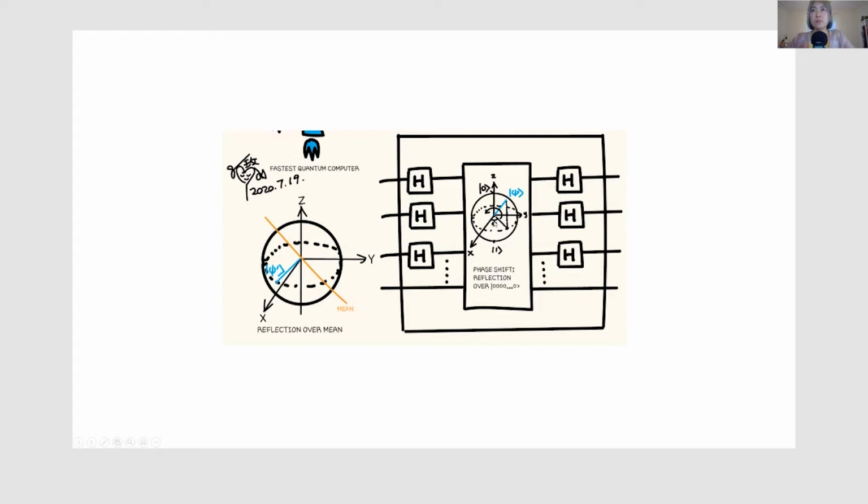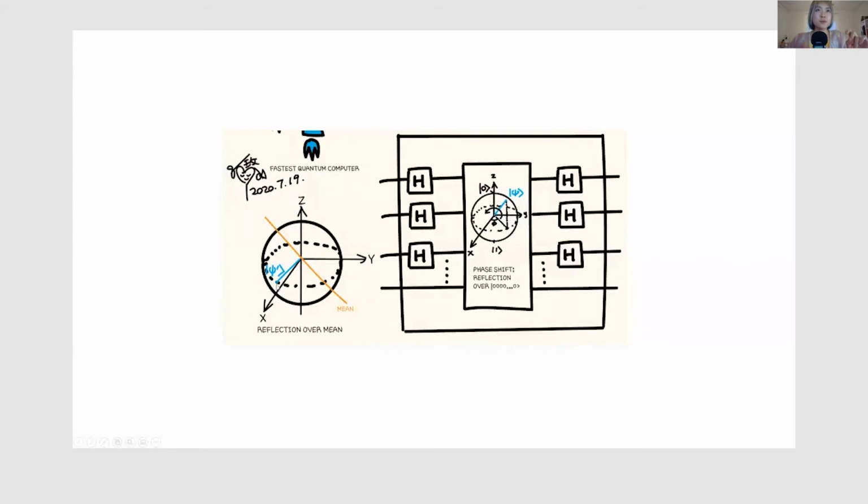And that means you're rotating around this 0 axis. And that's what this whole box does when you have that negative sign introduced. Now, if you apply this, when we have just one qubit, just one H gate on both sides, eventually your state is going to end up here.